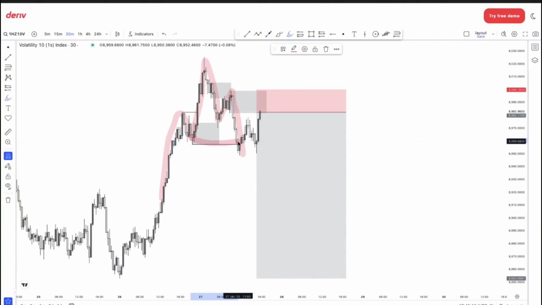Now we can potentially identify areas of supply where we would like to look for some trading opportunities from. For example, we can wait for price to react from this particular supply zone before the next continuation to the downside.